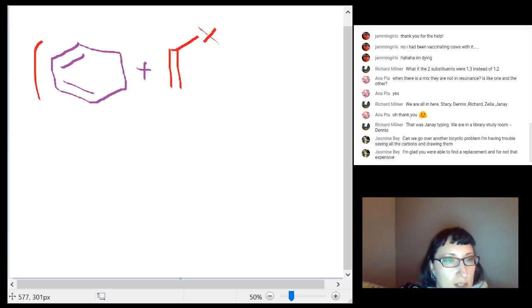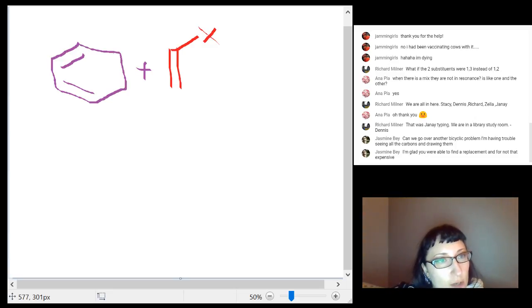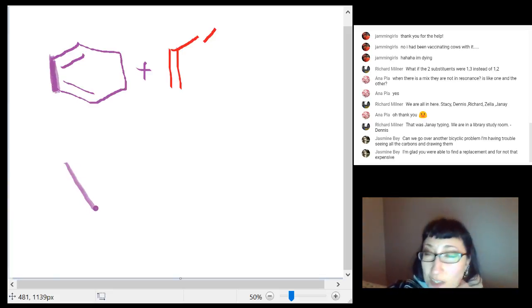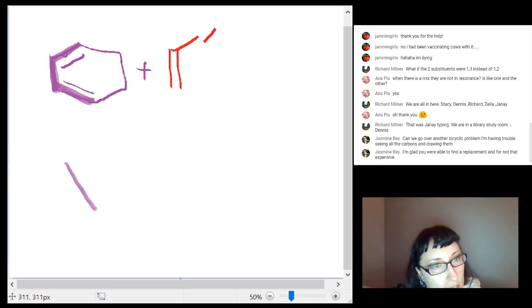So I'm going to erase those circles and then say, if I have that one there, I can just draw that. What's it connected to? Well, it's connected to that and that.